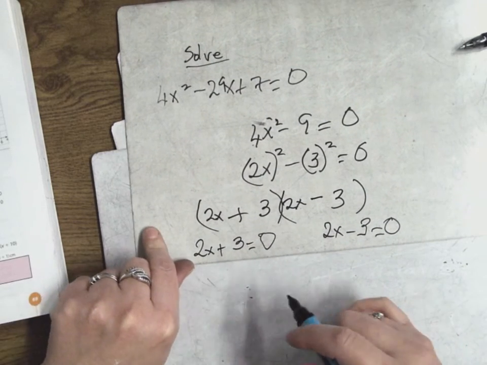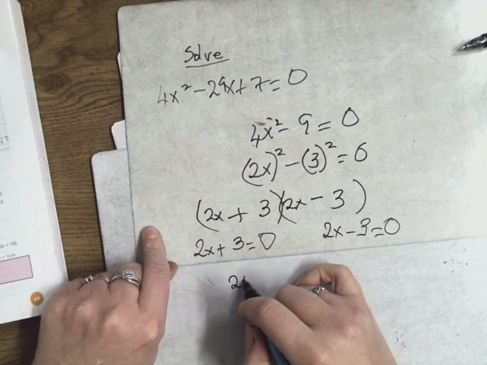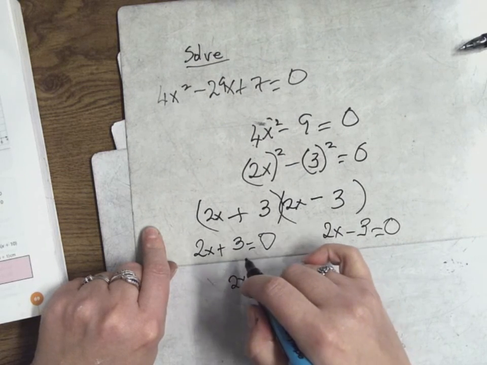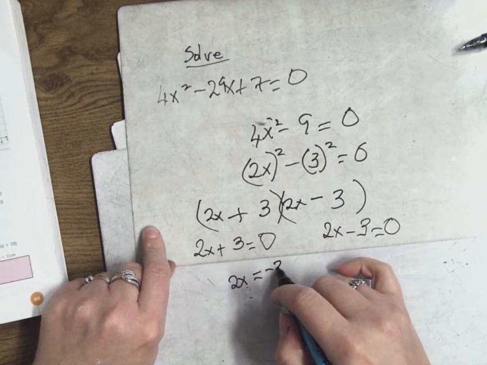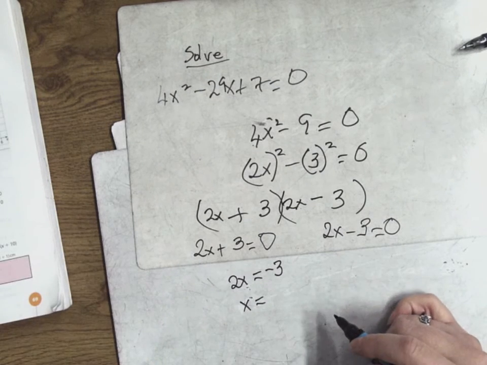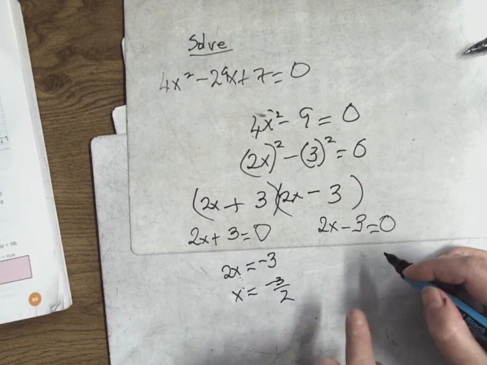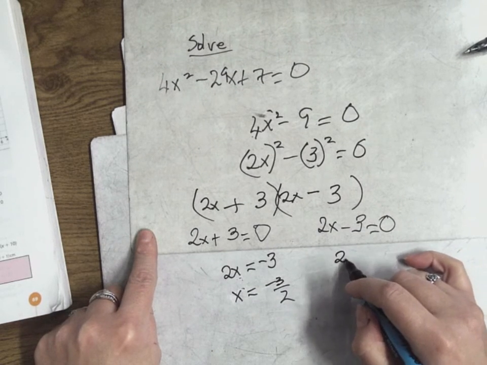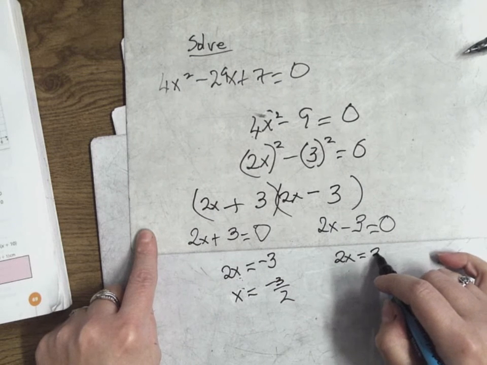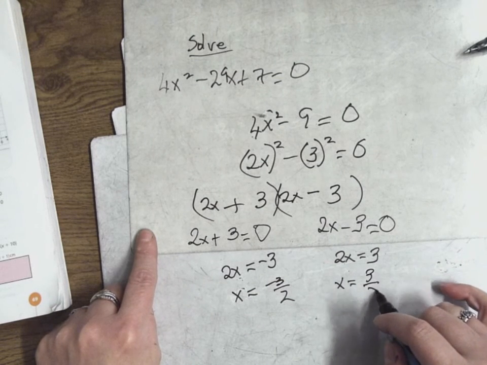So what's the next line? 2x equals minus 3. Very good. And the last line: x equals minus 3 over 2. Over this one, next line: 2x equals 3. And the last line: x equals 3 over 2. So that's that one.